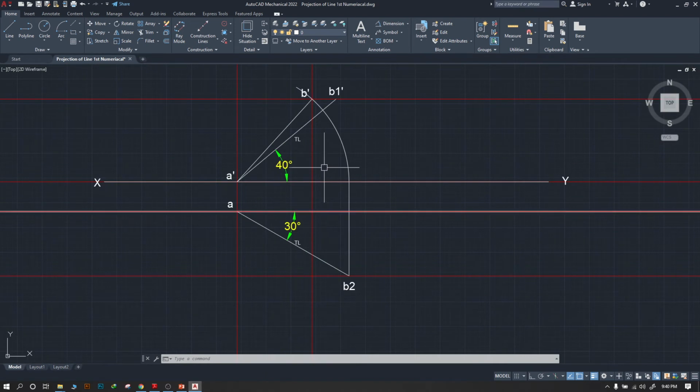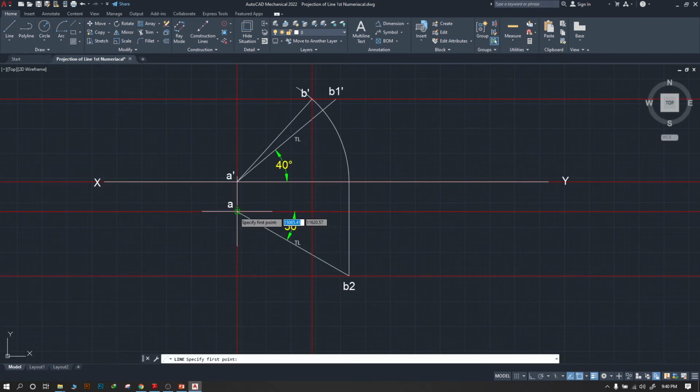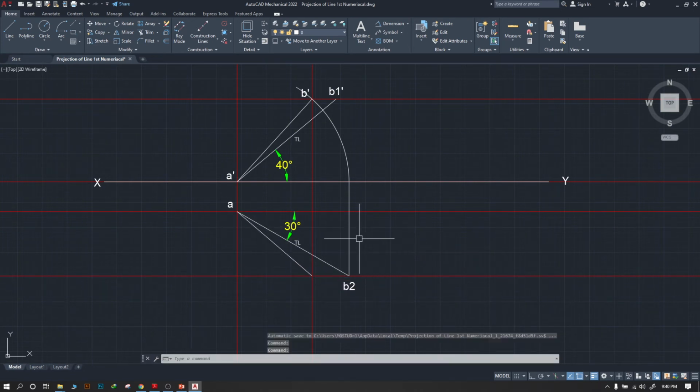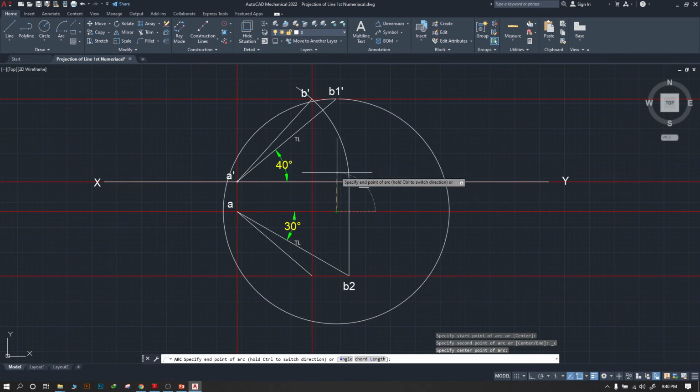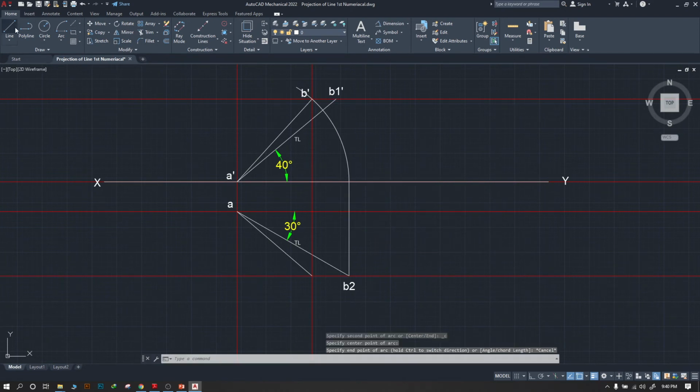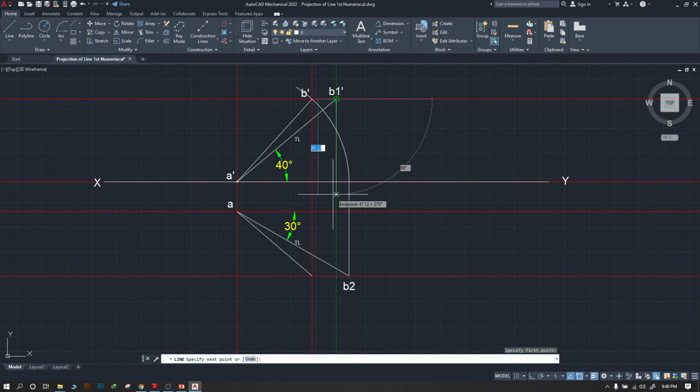We will do one thing: we will also do the shortcut method, and also we will check whether it is correct. So we will project this line up to the horizontal plane.